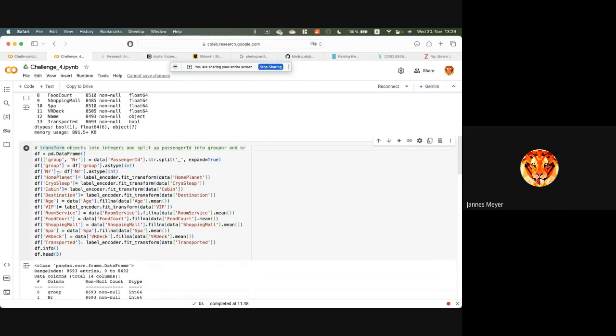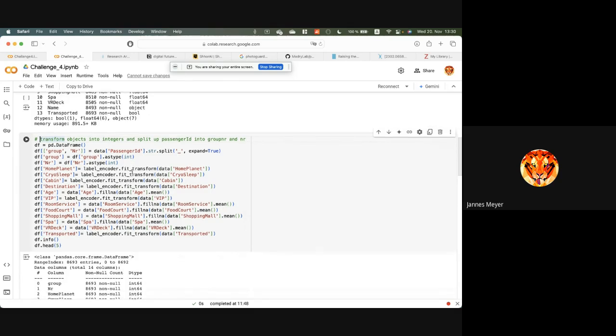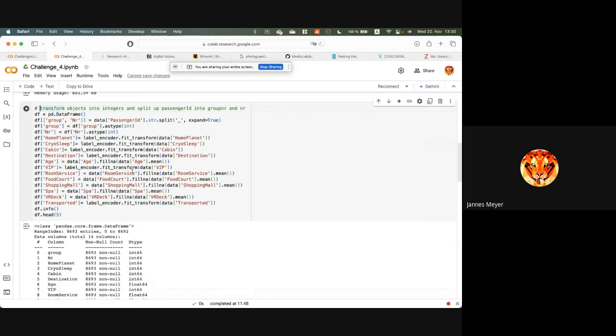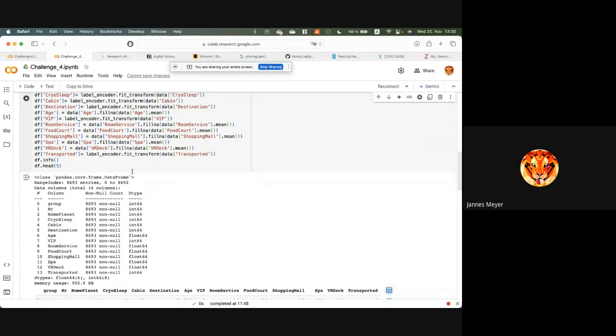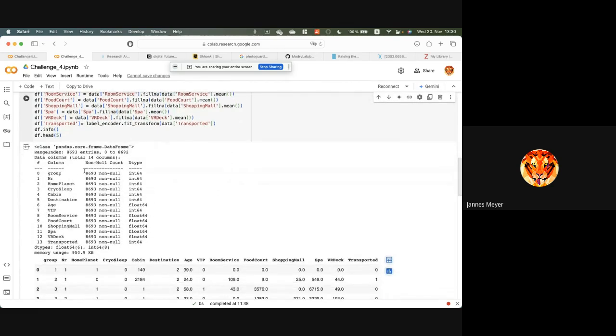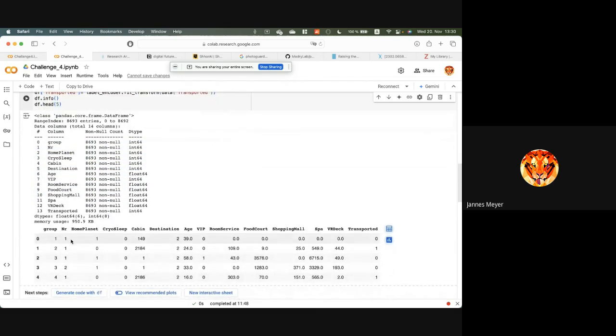Yeah. So we did some transformation of the data here. We put the data into integers and split up passenger ID into group number and number for better working in the later work. And also what we can see here now is that all the null values now have a value, so it's better for working on it.